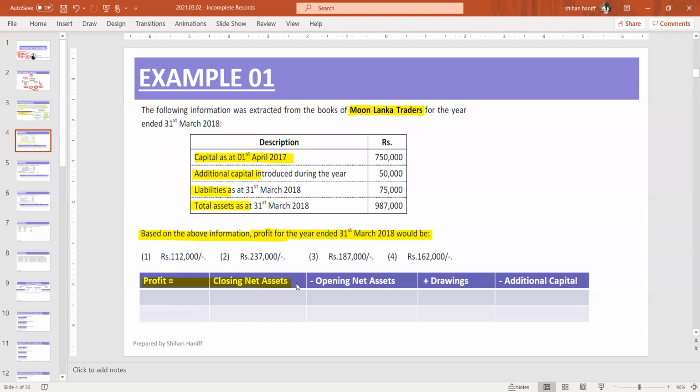Here is the equation to calculate the profit, which you did in the accounting equation chapter: profit equals closing net assets minus opening net assets plus drawings minus additional capital. I'll give 2 minutes. Tell me the answer for this.